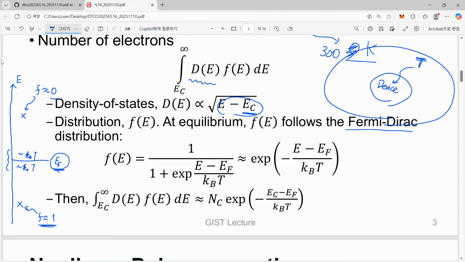If you have a look at this form, density of state follows the square root of energy, which says that we are currently assuming three-dimensional K space. So that is assumed in this case.